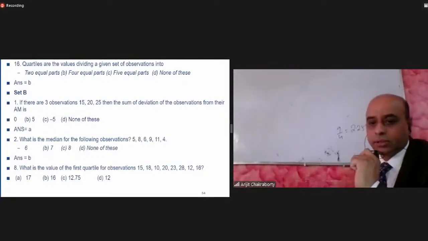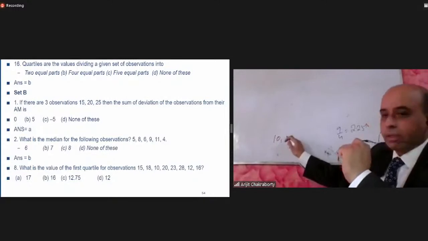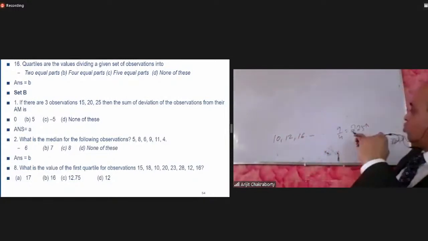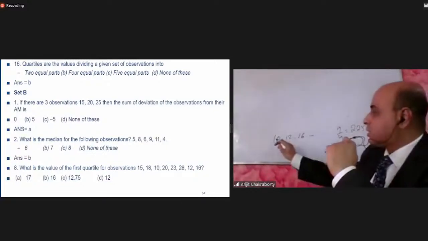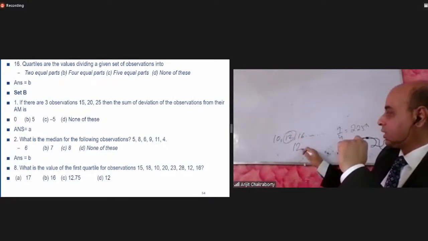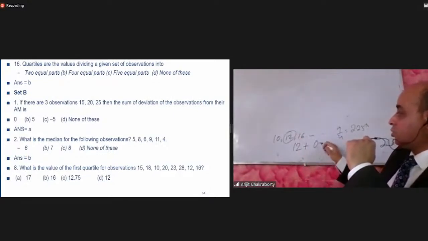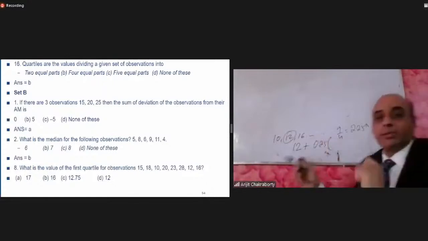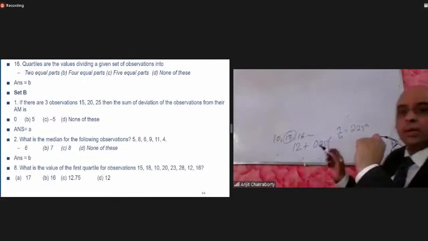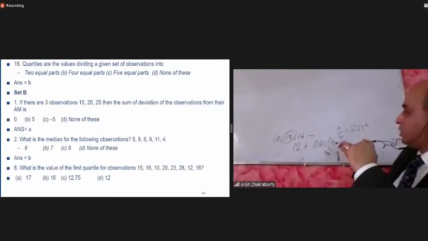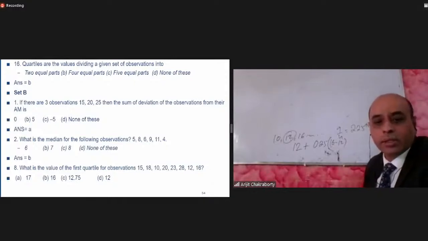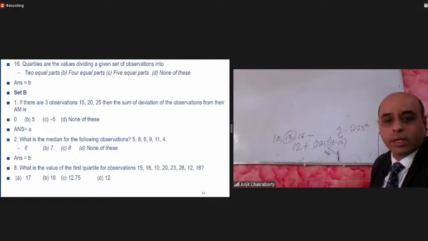We start with the lowest number 10, then we have 12, then 16, and so on. 2.25 means we will take the second number, 12, plus 0.25 multiplied by the difference of the third number and the second number.